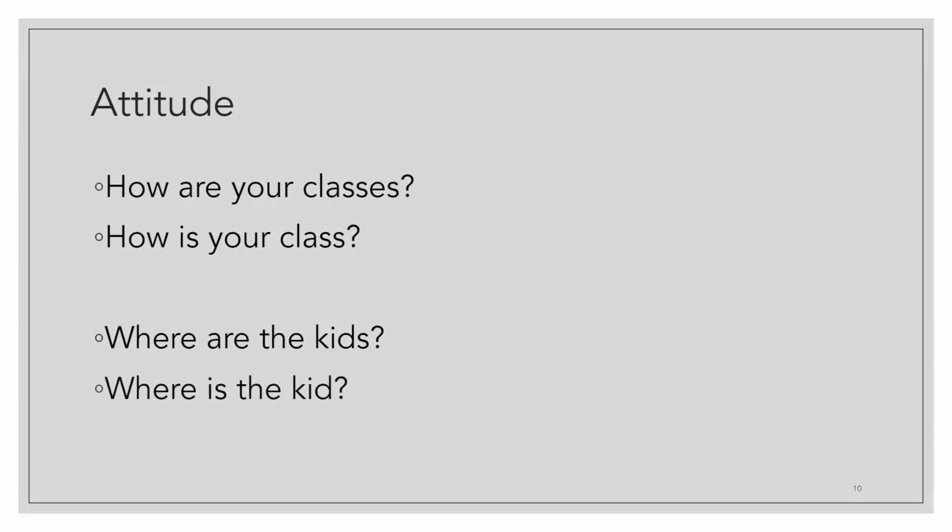If I make kid singular, where is the kid? Imagine a mother and father talking, and they have an only child. Does it sound strange to you if the mother asks the father, hey, where's the kid? Right? It feels off.